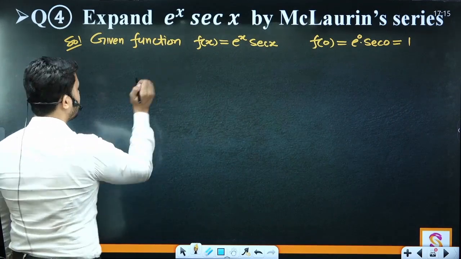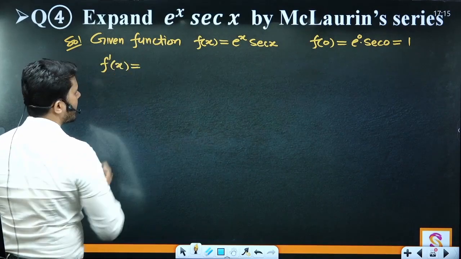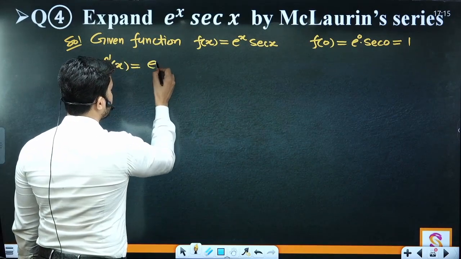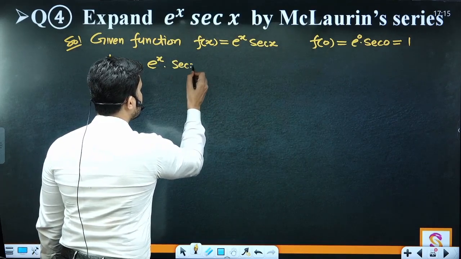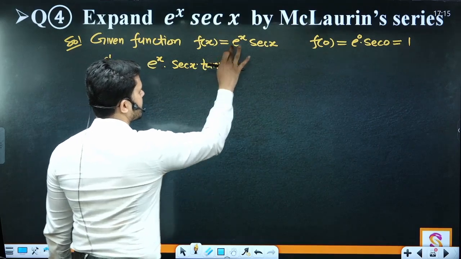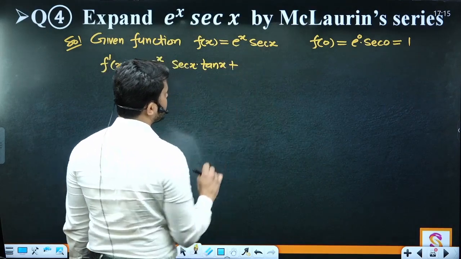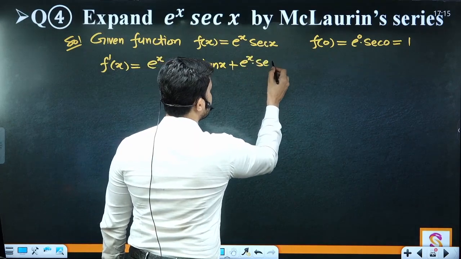Now we have to differentiate it, f dash x. Apply the product rule here: e to the power x, differentiation of sec is sec x tan x, plus now sec x as it is and differentiation of e to the power x, so it will be e to the power x into sec x.